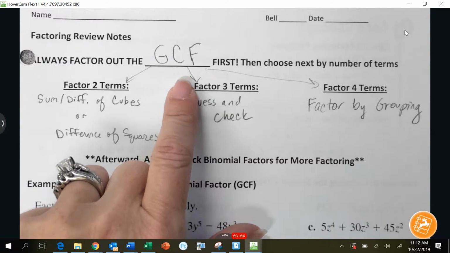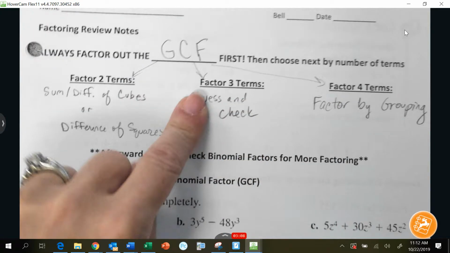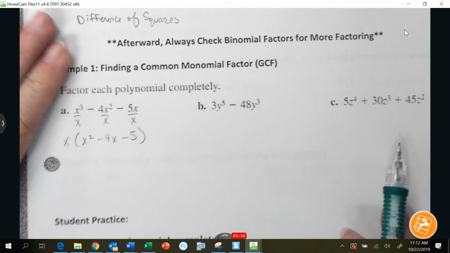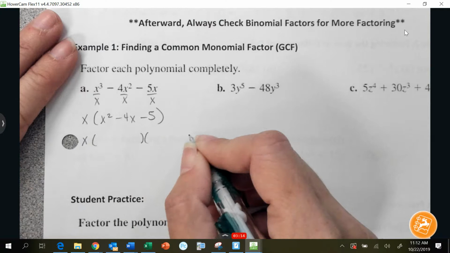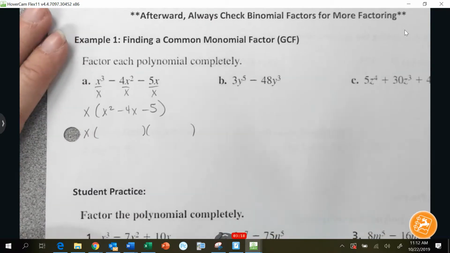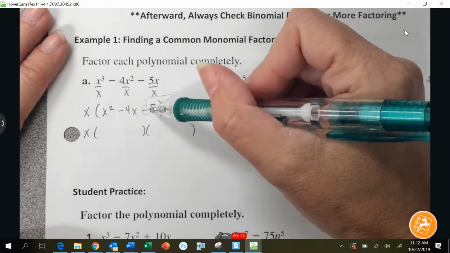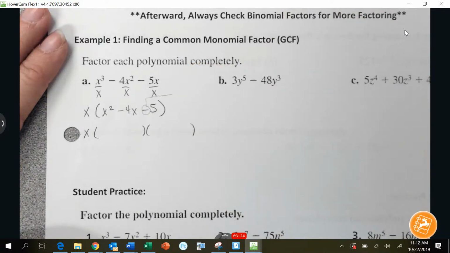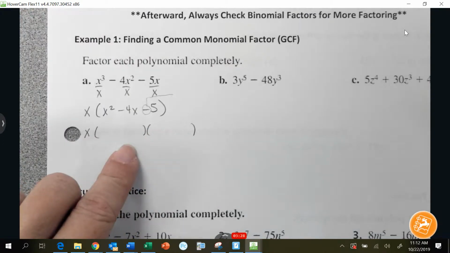After we do our GCF, we now say how many terms are left? 3 terms. When you have 3 terms, you're going to factor it with 2 parentheses. And I'm going to show you my guess and check method. I always look at this sign. This sign tells me about my signs for the 2 parentheses.